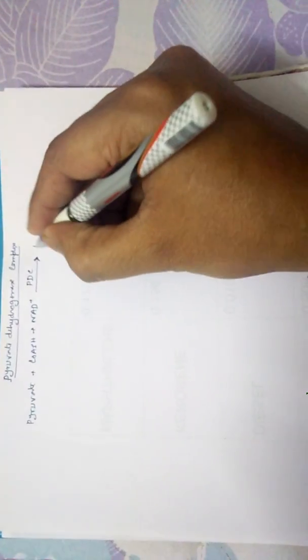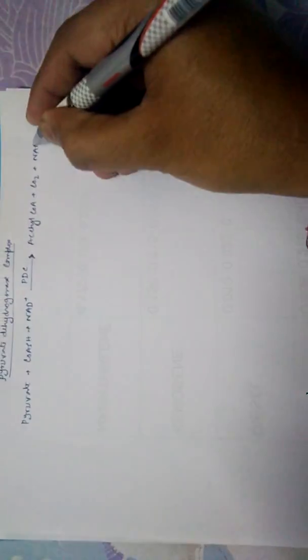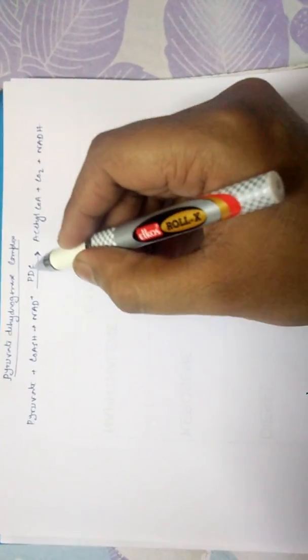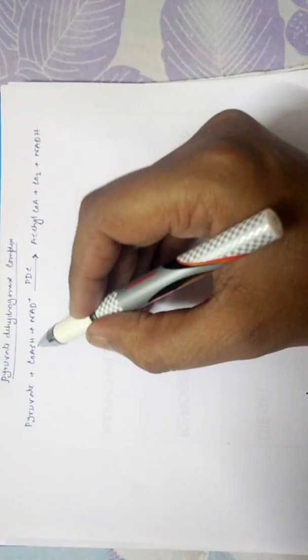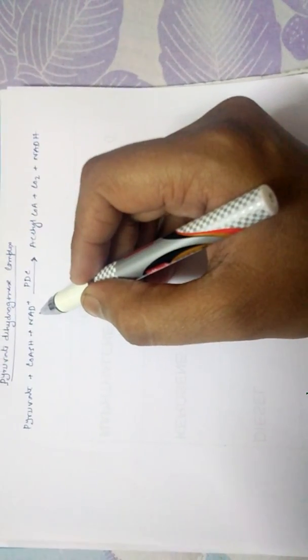So the product is acetyl-CoA plus carbon dioxide plus NADH. From this reaction we can conclude that the substrate of the PDC is pyruvate, and PDC uses two cofactors, the coenzyme A and the NAD+.